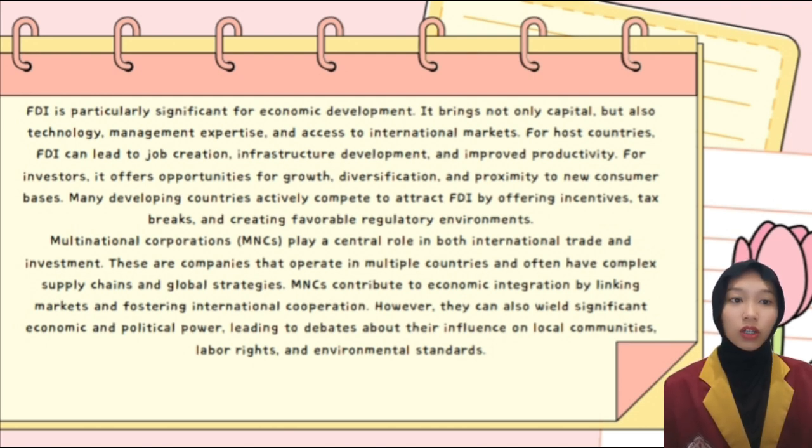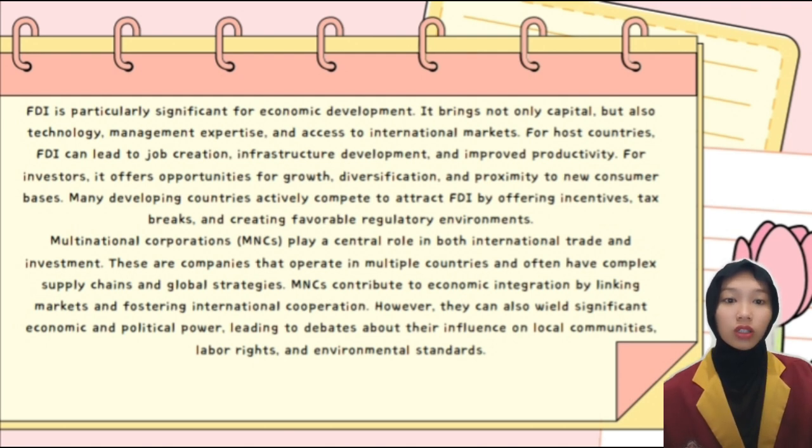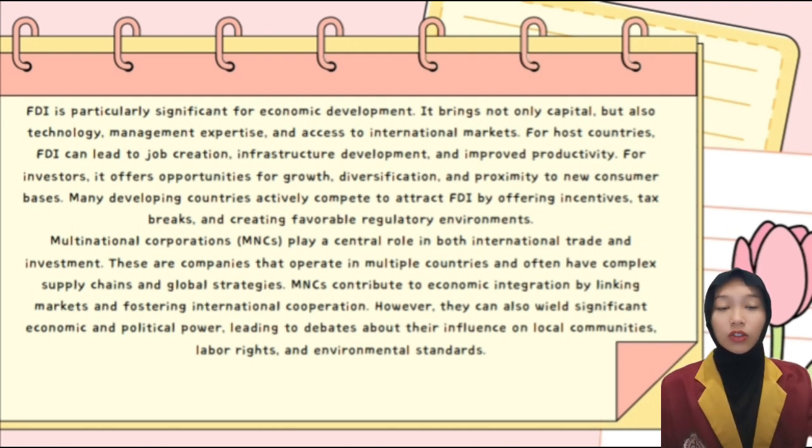FDI occurs when a company or individual acquires a lasting interest and a degree of control in a foreign enterprise, such as opening a factory or acquiring a business abroad. Portfolio investment refers to investment in foreign financial assets such as stocks and bonds without gaining control over the operation of the business.